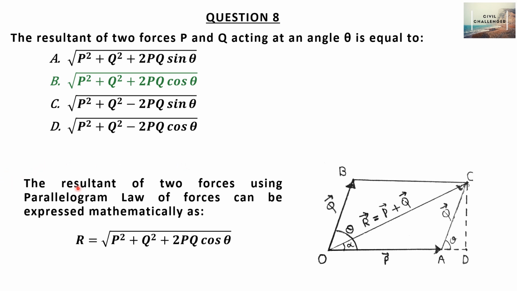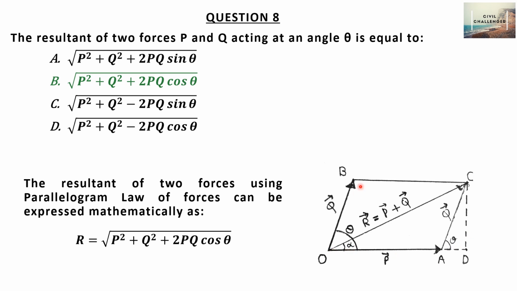Now, the resultant of two forces using the parallelogram law of forces can be expressed mathematically as resultant R is equal to square root of P square plus Q square plus 2 PQ cos theta. We can derive this equation from the diagram.